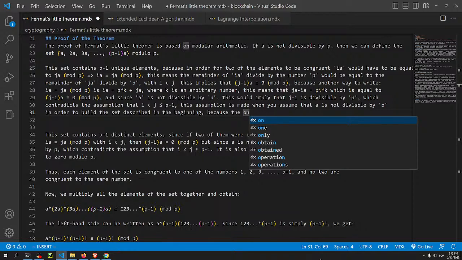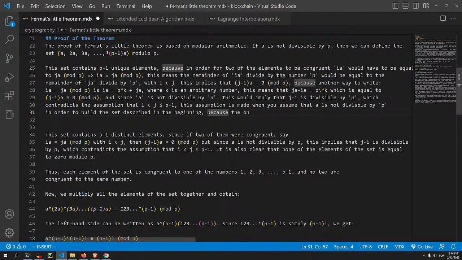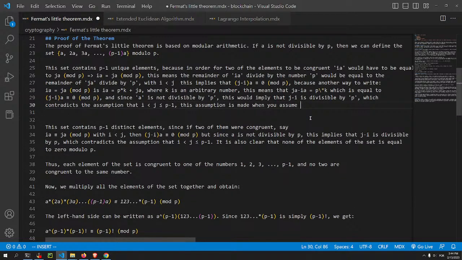Now that's the part that I don't understand really well. Oh no, it's because the numbers are up to... is equal.